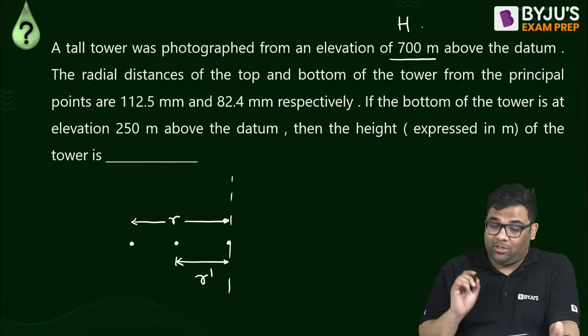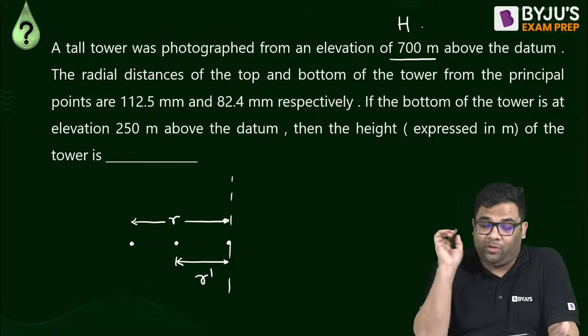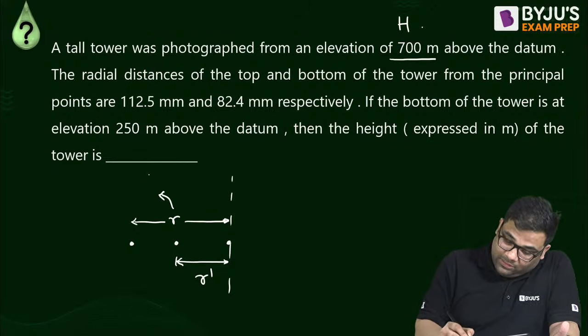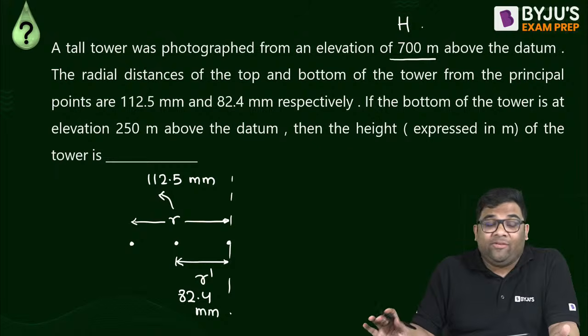So radial distance of the top and bottom are 112.5 and 82.4. So this is your 112.5 and this is your 82.4. If the bottom of the tower is at elevation of 250 above the datum.